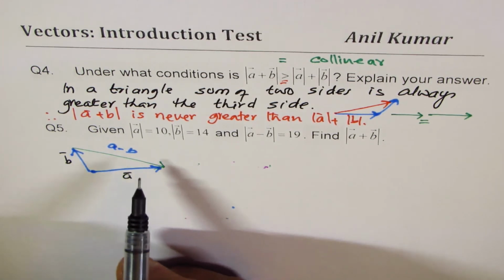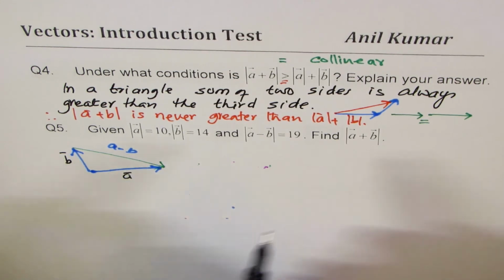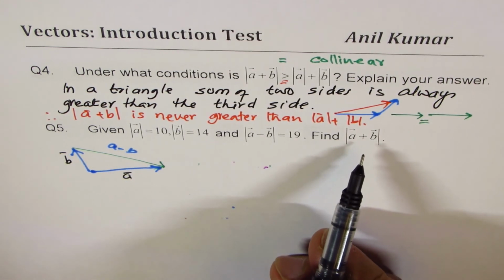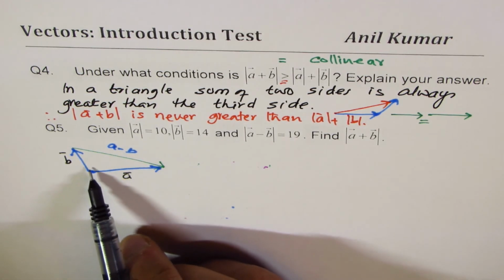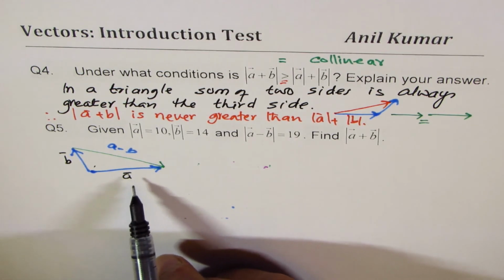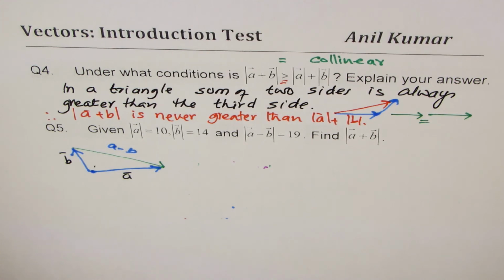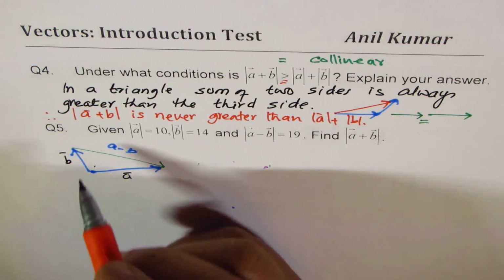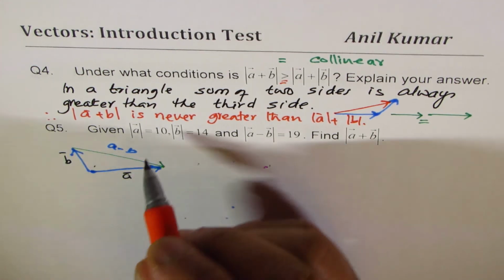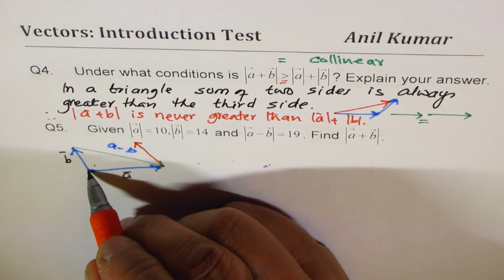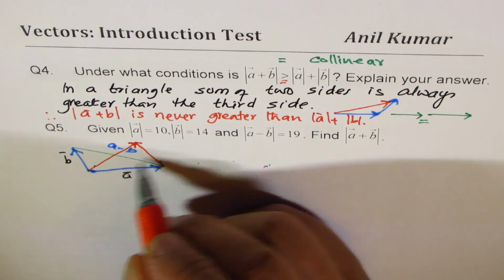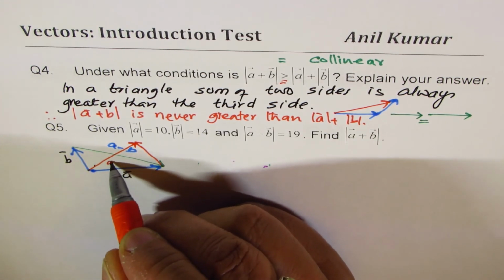Now, when we have to find a plus b, in that case you will notice that the angle will be 180 minus that angle. Right? So for a plus b, from the head of this, you have to draw another line here, and then that vector becomes a plus b.